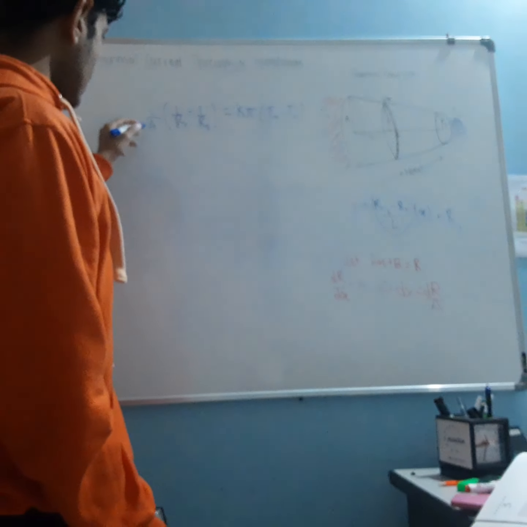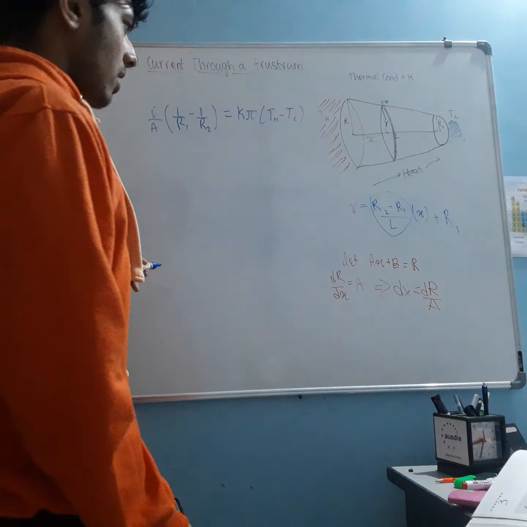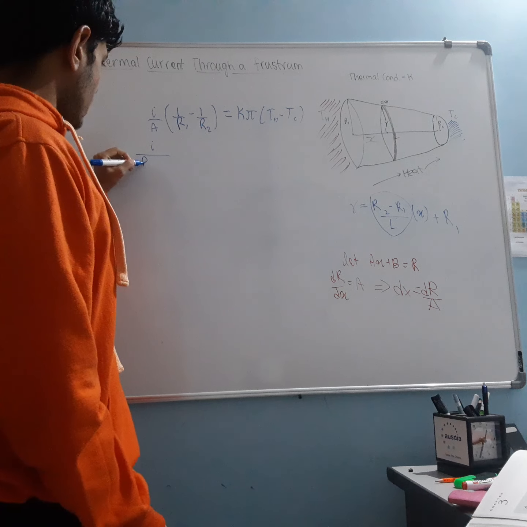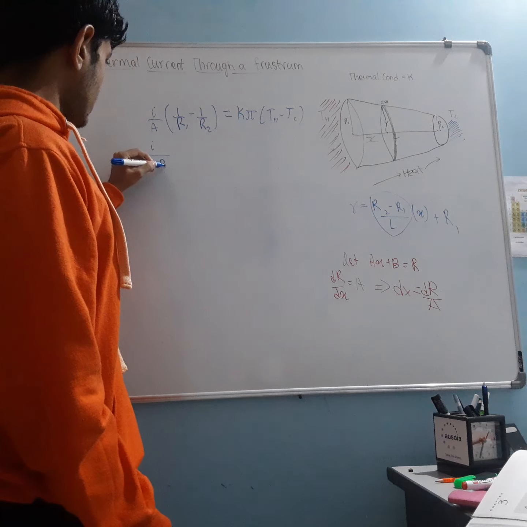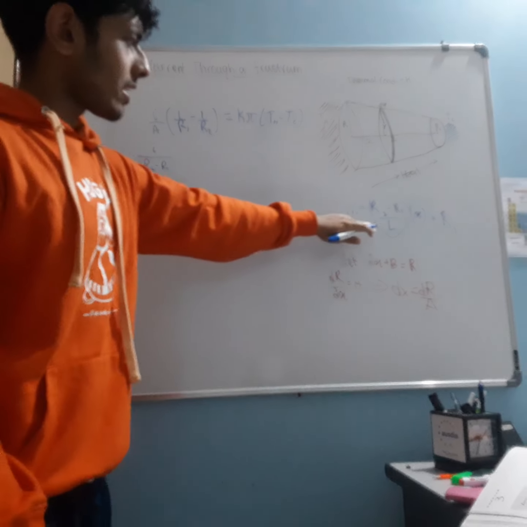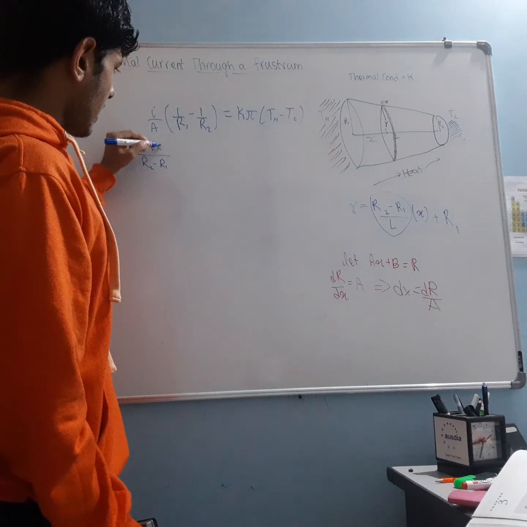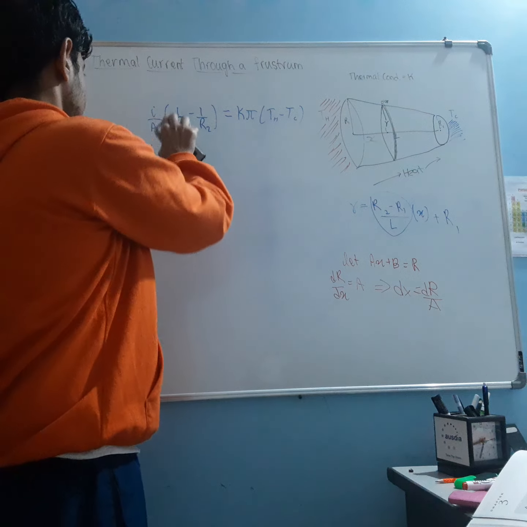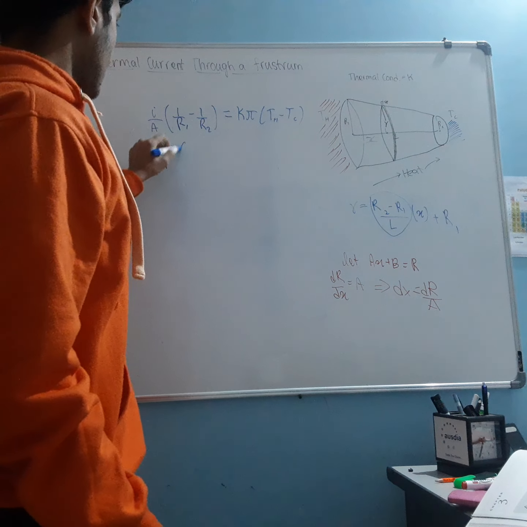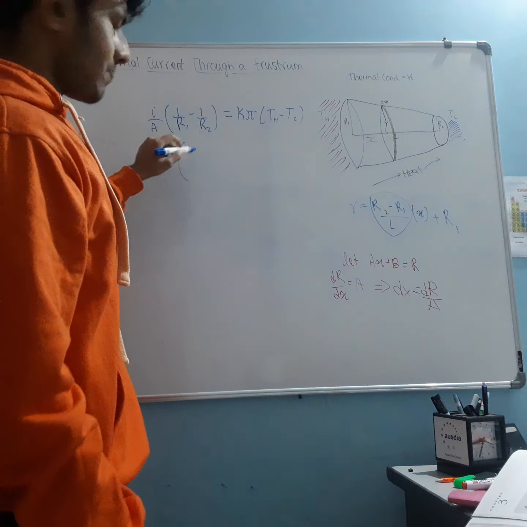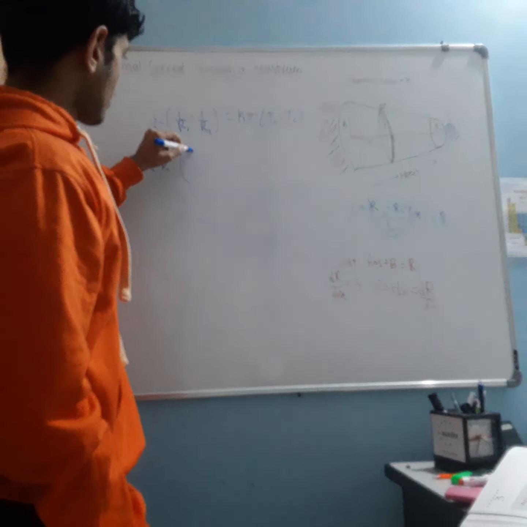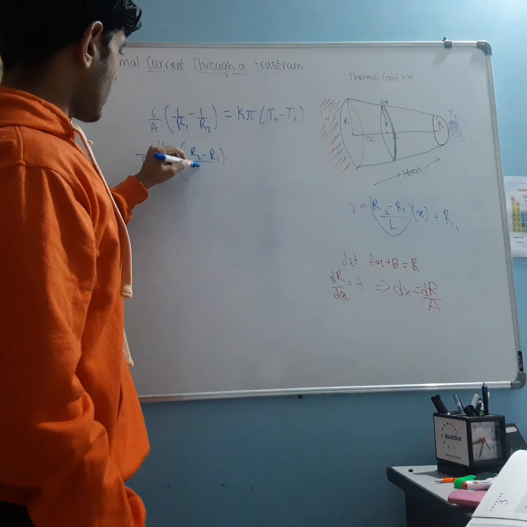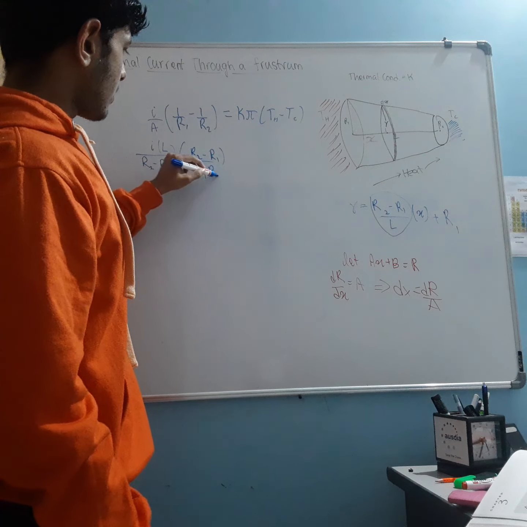So I can substitute a as (r2 minus r1) over l, and instead of dividing by l, I can just multiply by l over here. I can take the LCM of these two fractions, which gives me (r2 minus r1) upon r1 r2.